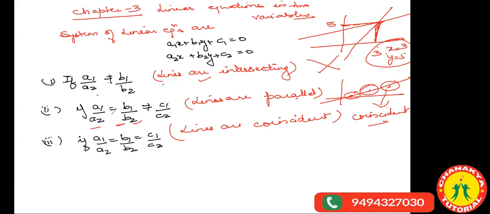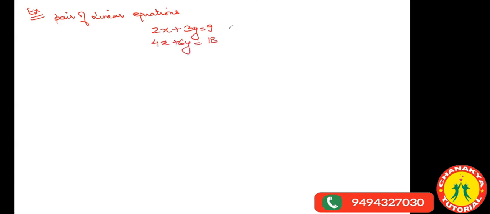And now see, suppose in any question you are given a pair of linear equations, 2x plus 3y is equal to 9 and 4x plus 6y is equal to 18.